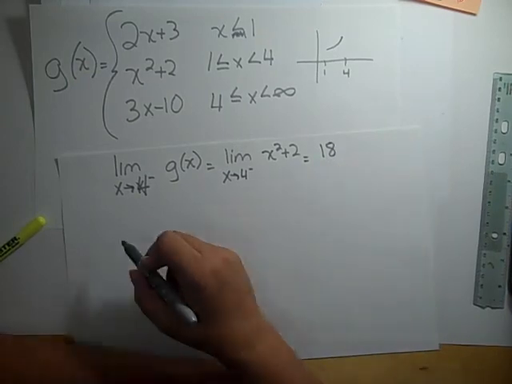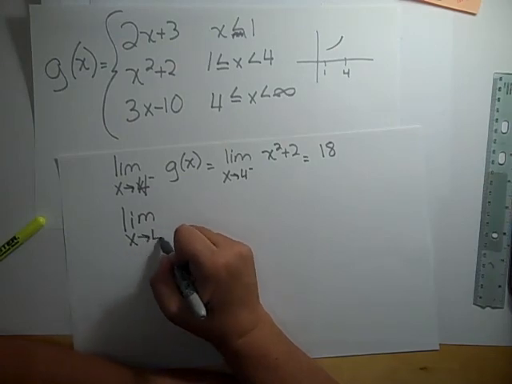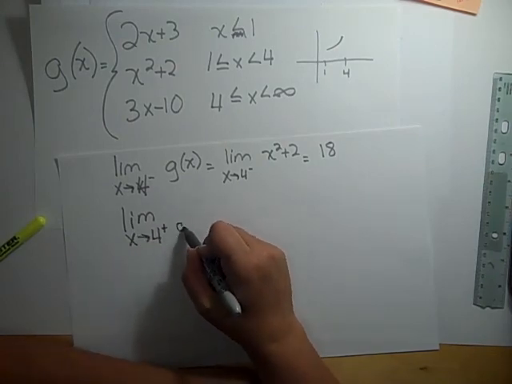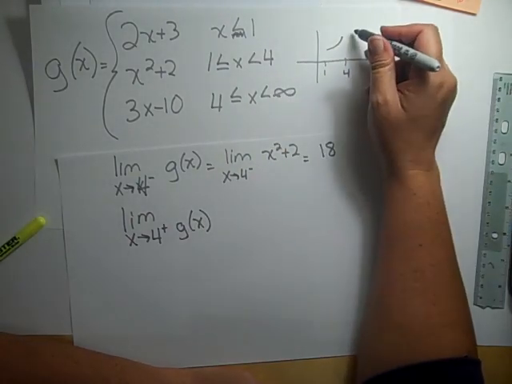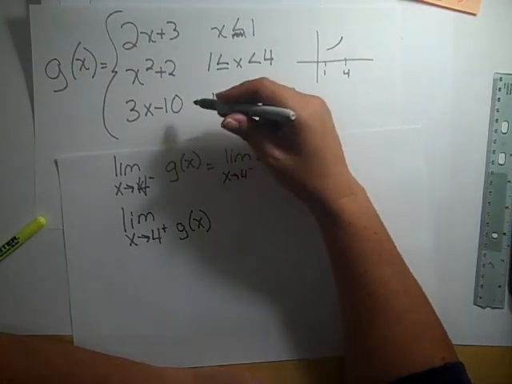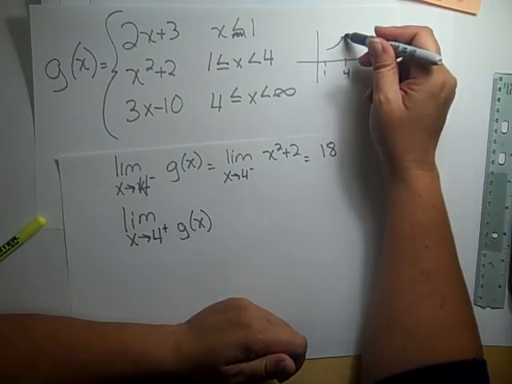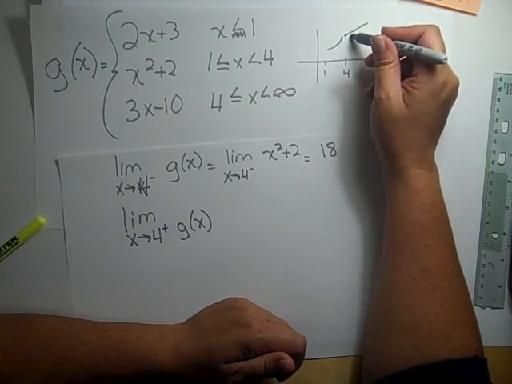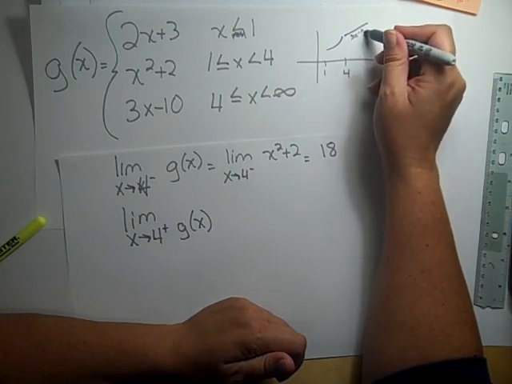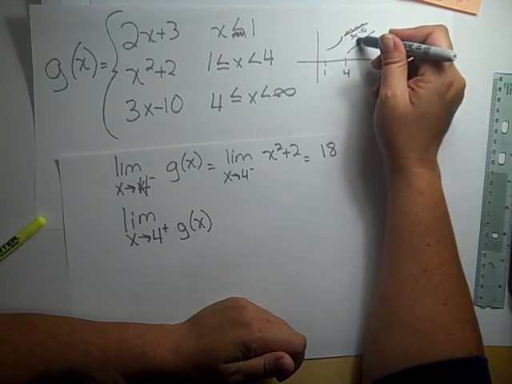So the next one predictably asks what's the limit as x approaches 4 from the right of g of x. So as we get to 4 from the right, well, we're coming from here, the function 3x minus 10, right? Actually, I probably drew that in the wrong place. I think it goes down here. 3x minus 10.